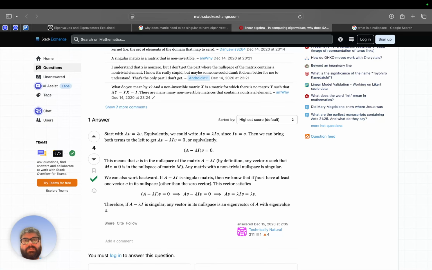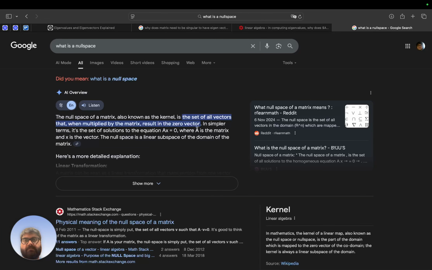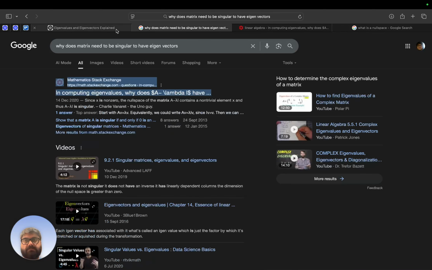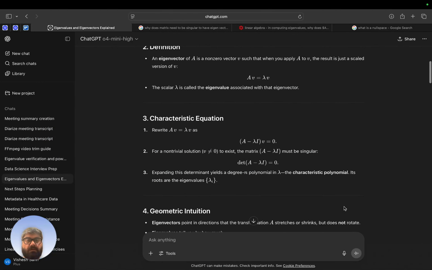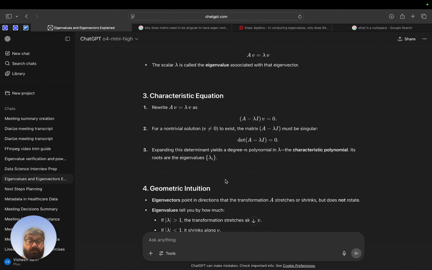Any matrix with a non-trivial null space is singular. Null space is the set of all vectors that, when multiplied by the matrix, result in the zero vector. Okay.